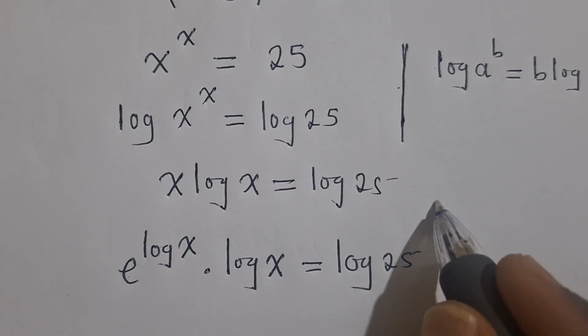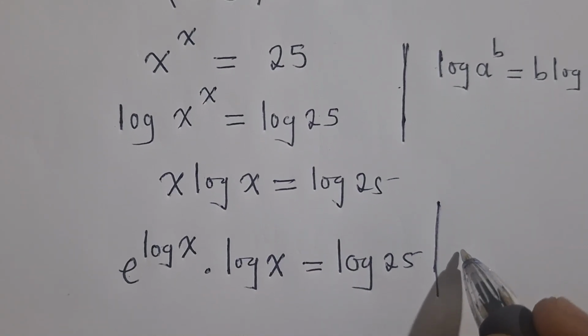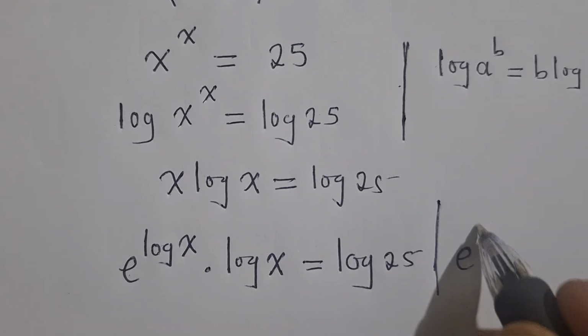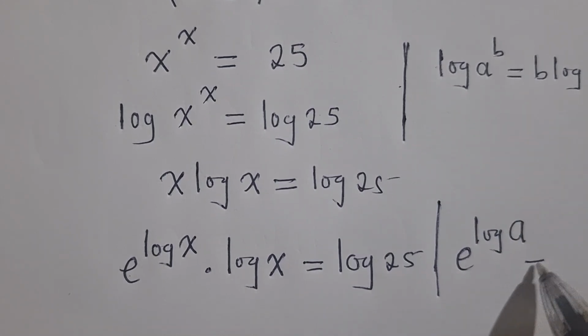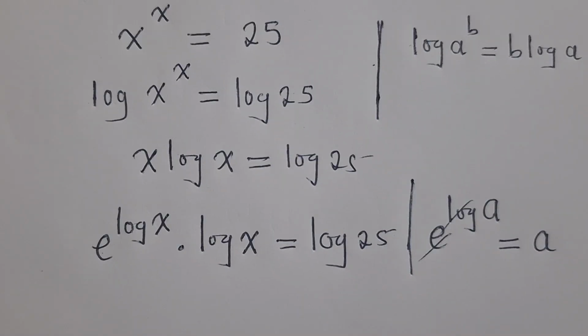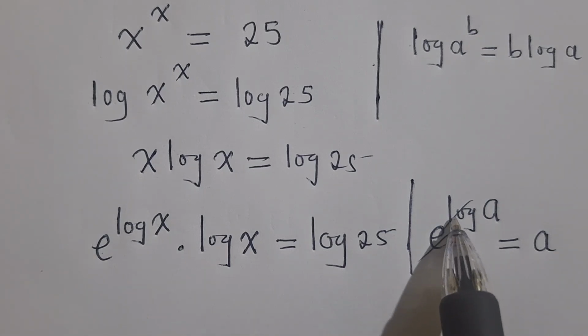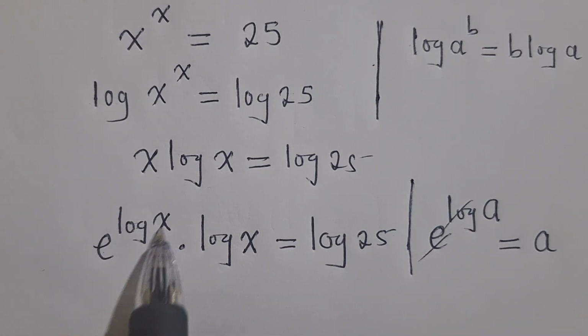Let me show you what I'm talking about. When you've got e power log of a, this will just give us a. You see this and this will cancel, and you remain with the a down here as a base. So when you get e power log, it will bring this thing down.